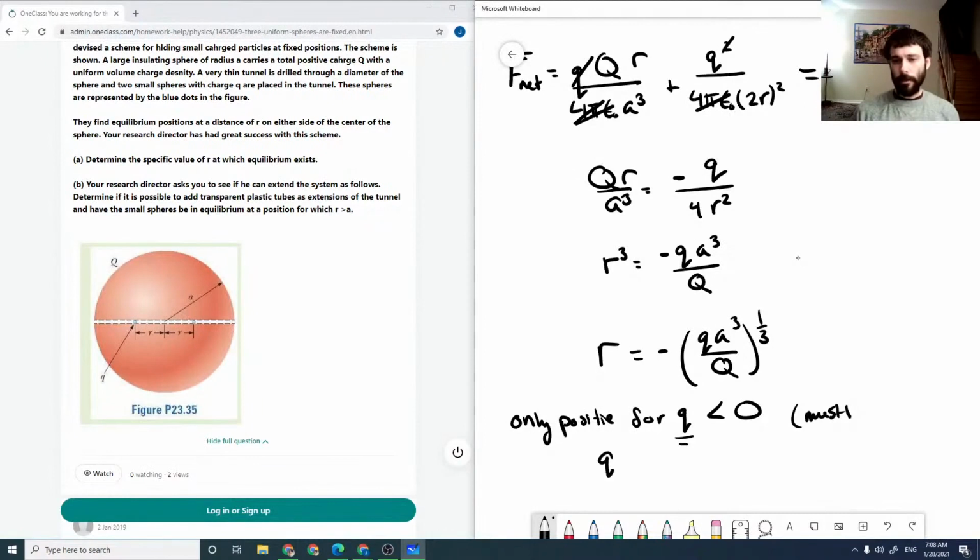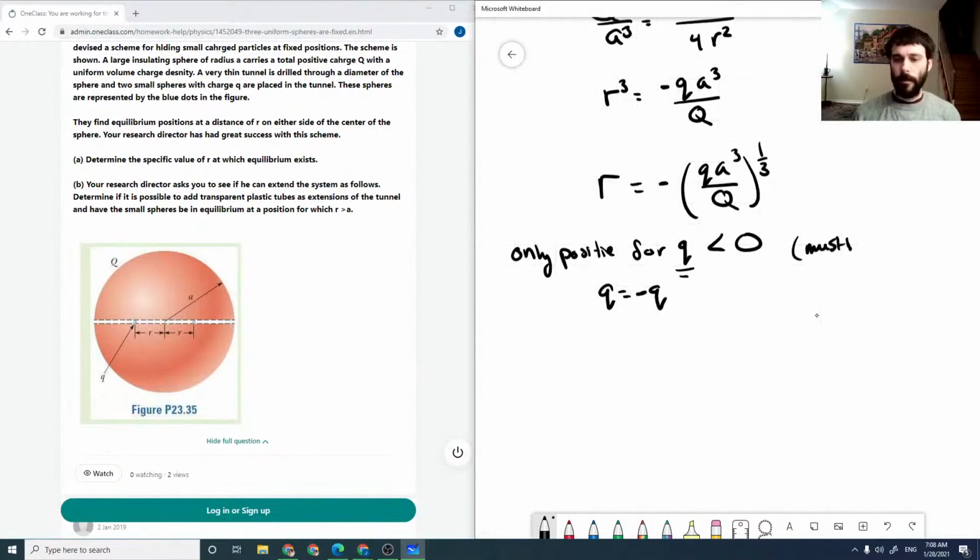We must have q equals minus q, or q negative, in other words. So the particles must be negatively charged. If they're negatively charged, then our r would be positive, and it would be given by this value.